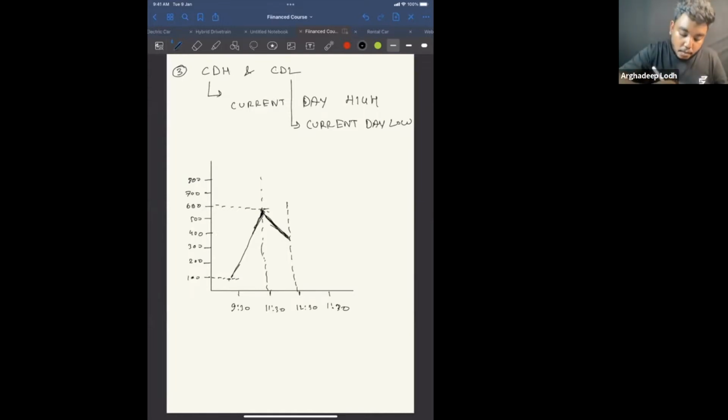At that moment, the current day high is at this level, because till then the price reached a maximum of ₹600, and the current day low is at ₹100, because till that moment on that particular day प्राइस सबसे नीचे 100 रुपया में ही गया था, उसके नीचे नहीं गया था. So this is CDH and CDL. करंट डे हाई और करंट डे लो कैसे मार्कआउट करना, ये क्लियर हुआ गाइस?